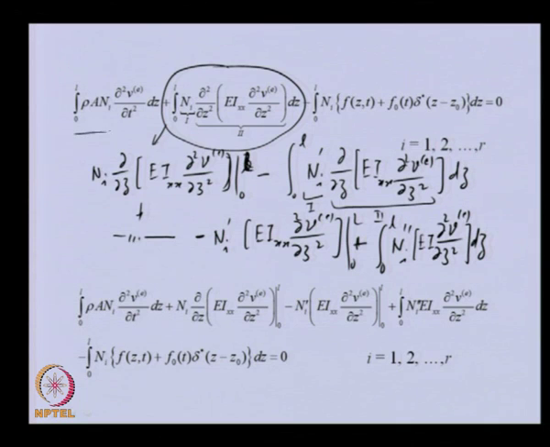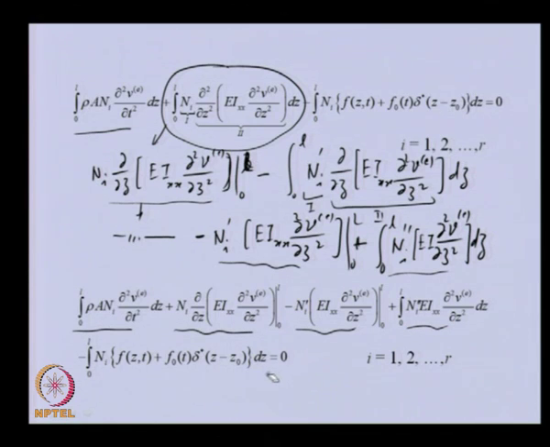So, this expression will be as it is, there is no change. This first term is this term, and this particular term is this, and this integration is this one, and these four terms are unchanged, as it is, equal to 0.